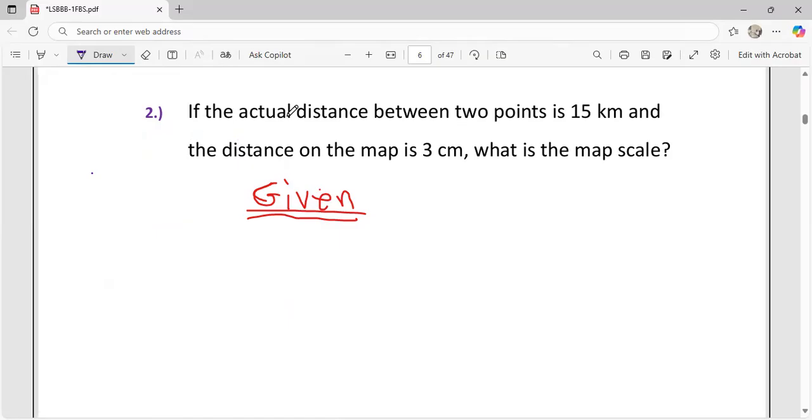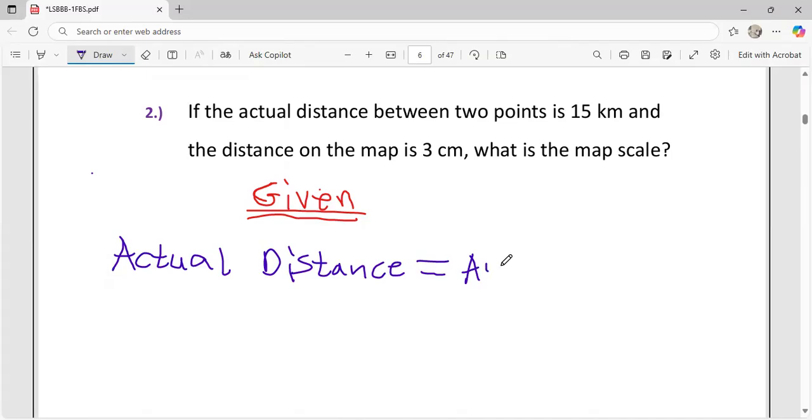So if the actual distance between 2 points is 15 km, let me say actual distance. Our actual distance is equal to AC, which is equal to 15 km.